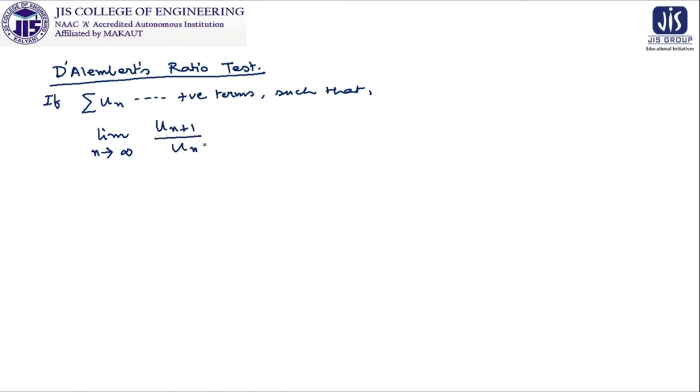That means you are taking the ratio of that particular series' n plus 1th term and nth term, and if it is L, which is a real number, then the subparts are saying that summation of Un, that means our target series, it will converge.